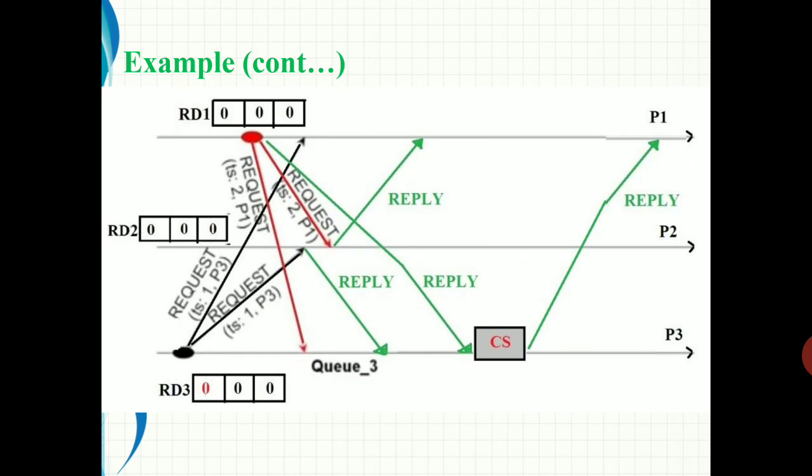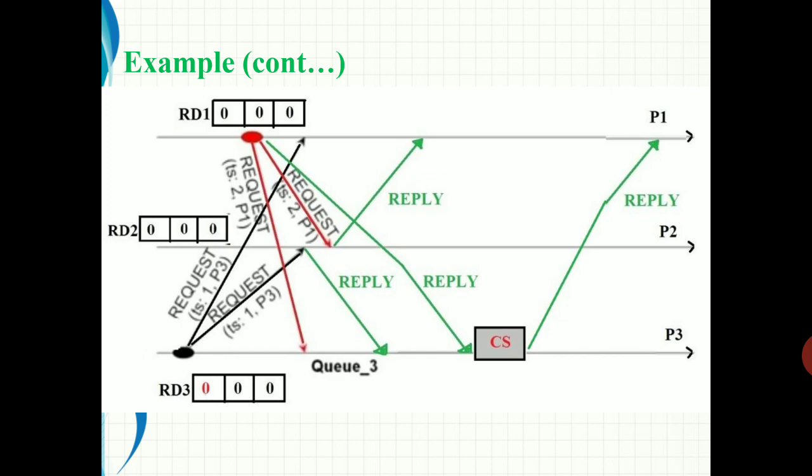So it will delete the entry in the queue that corresponds to process P1, and the queue will become empty. At the same time, we reset the value to 0 in the first position of RD3.